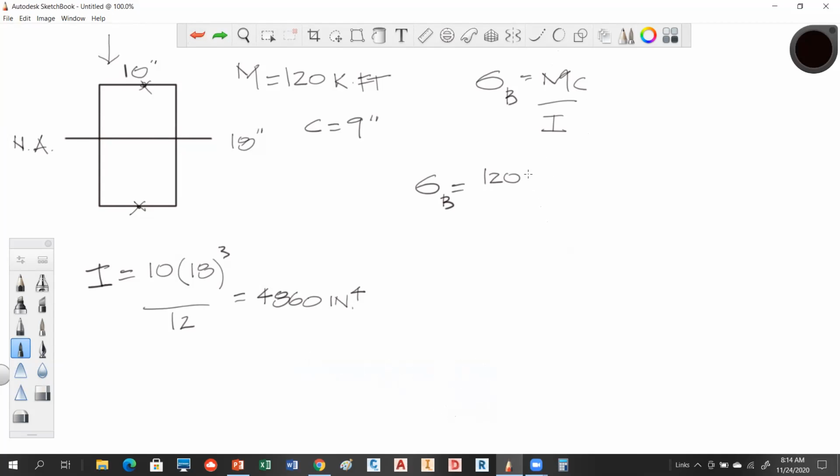So we're gonna multiply this by 12. So what is C? For the maximum condition, we said it's what? 9, right? Divided by moment of inertia. Okay, so let's solve that and see what we come up with.